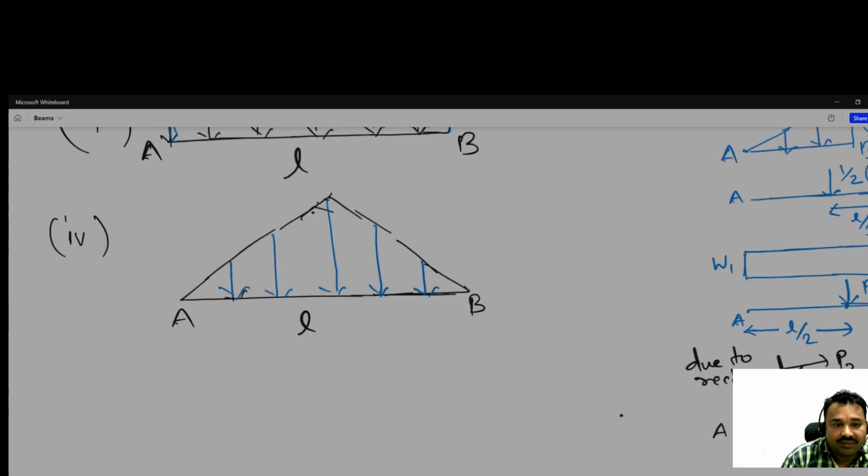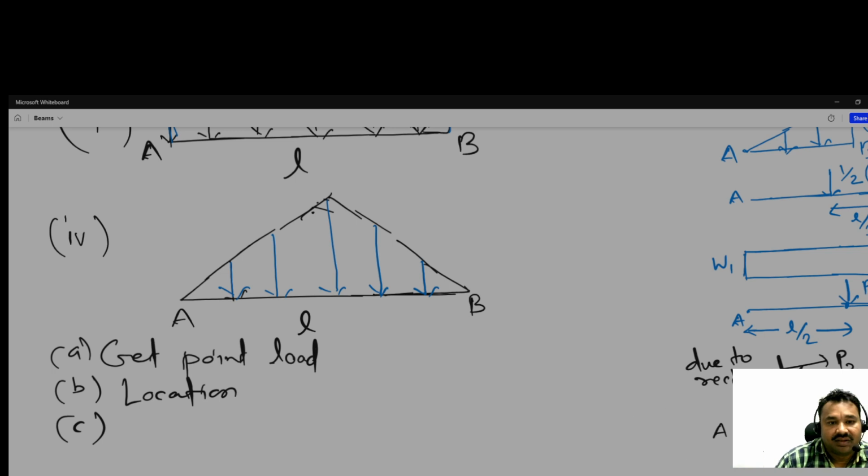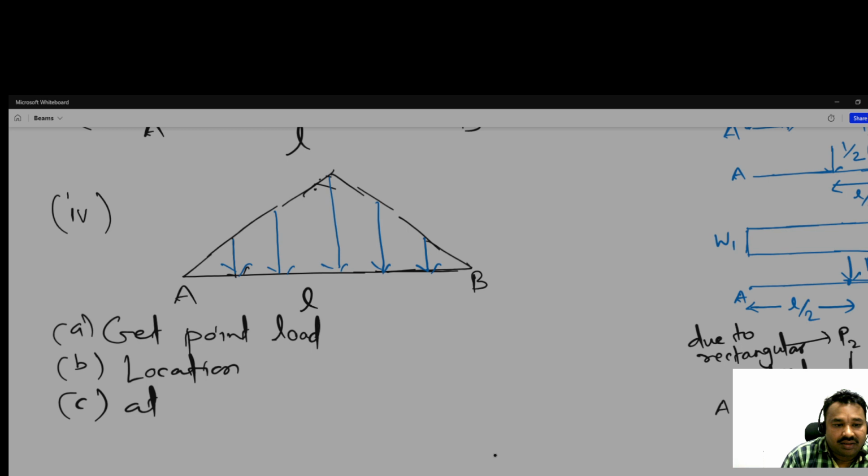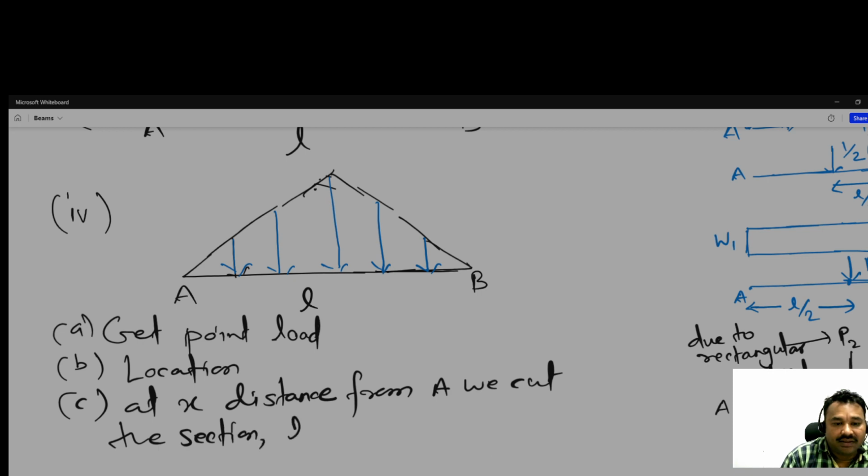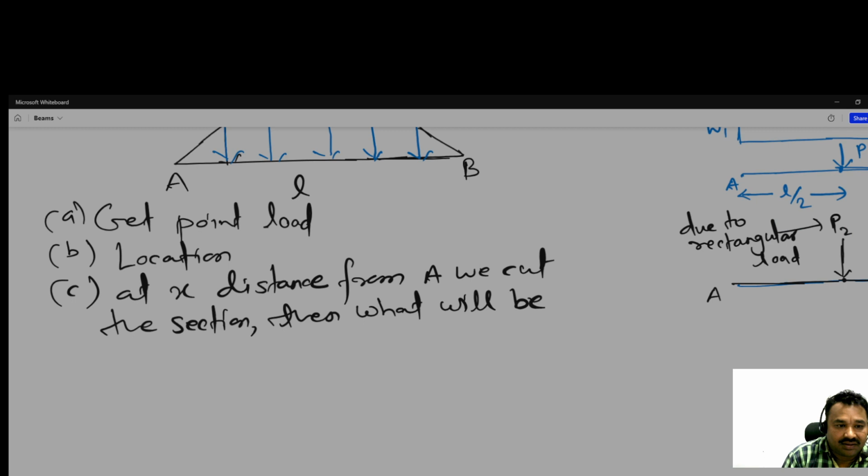Firstly we have to get the point load, and second, the location of this point load, and third, suppose at x distance from A we cut the section, then what will be the load intensity?